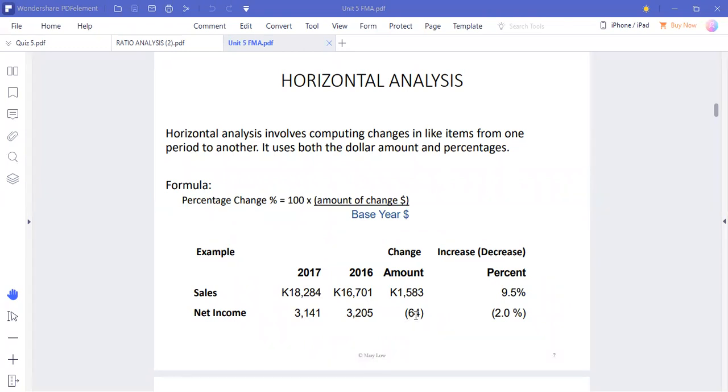So negative 64 divided by the base year, which is 3,200, gives us a decrease in the percentage by 2%. So this is what we call the horizontal analysis. Horizontal is simply a row, looking at the difference over the original. Any questions on how to go about the horizontal analysis?